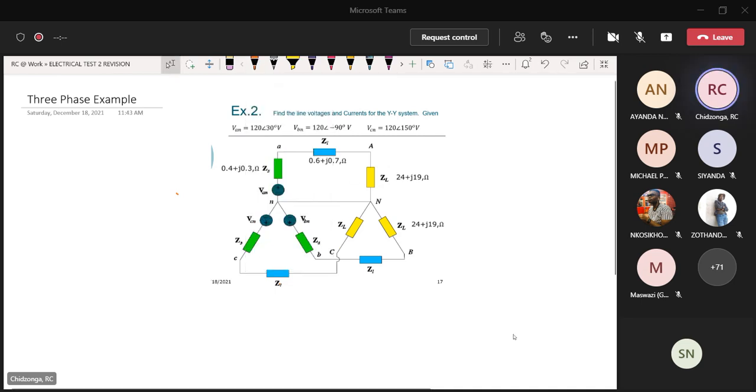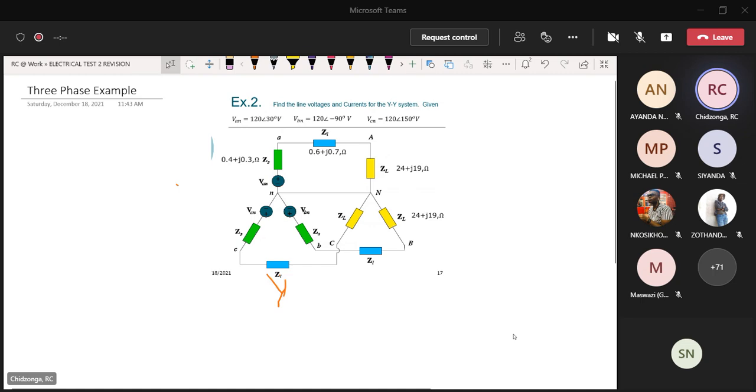All right. Now here the source is star and the load is star. The network that we have here is called a balanced network.